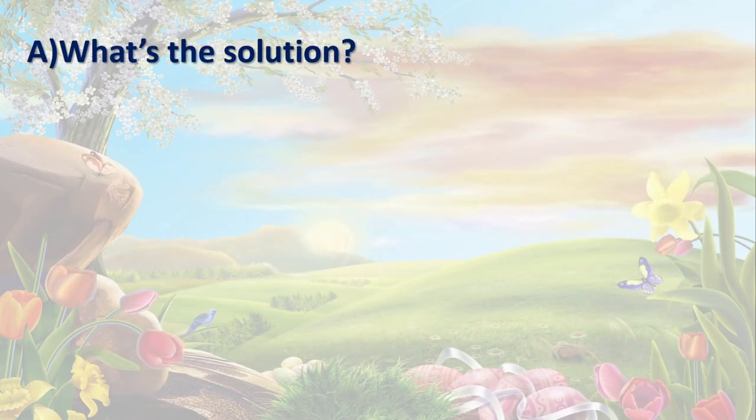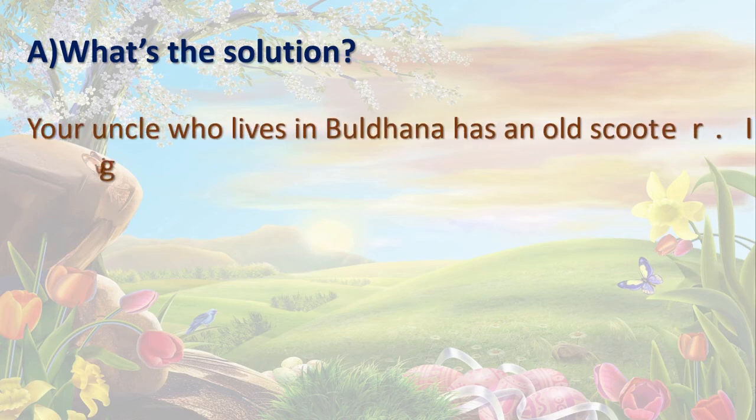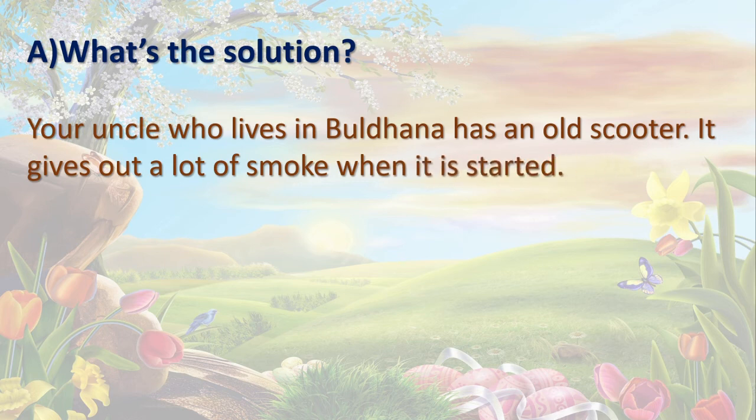Now here one question is there. What's the solution? Dear children, come on, tell me the solution for this problem. The problem is your uncle who lives in Buldana has an old scooter, a two-wheeler. It gives out a lot of smoke when it is started.